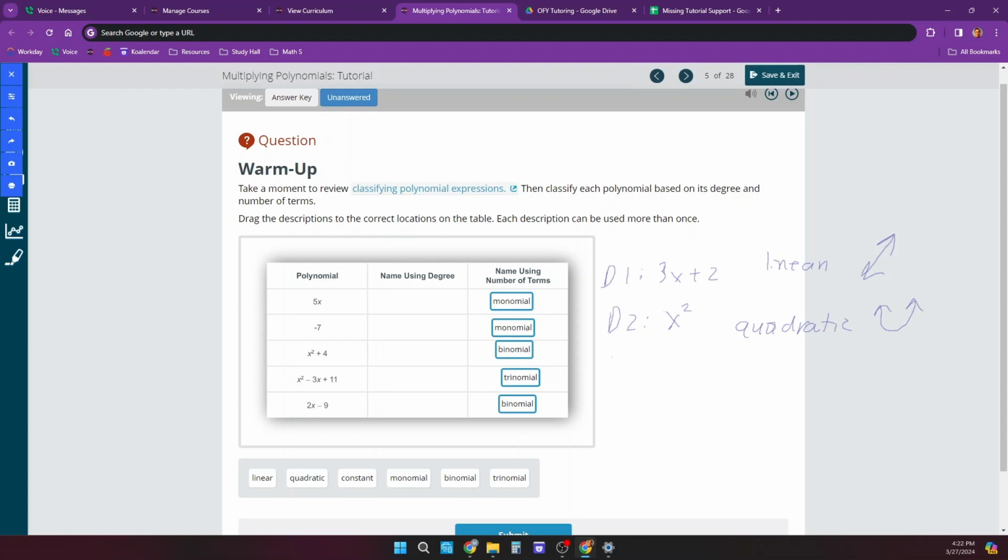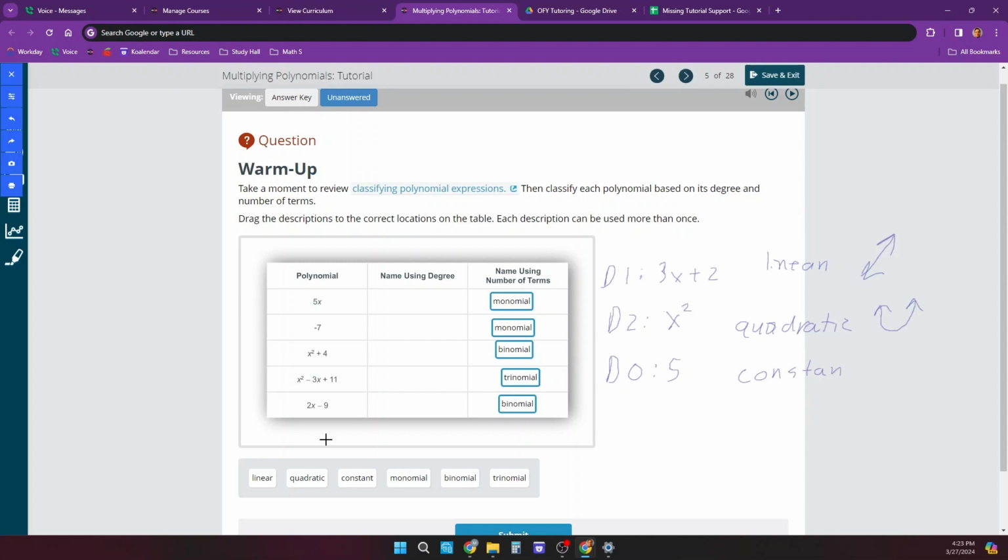What about degree 0? What if we just have no variables with powers? Let's say we had 5. Well, if we remember our definitions from earlier in our algebra course, this is just a constant. So a number just by itself is a constant.